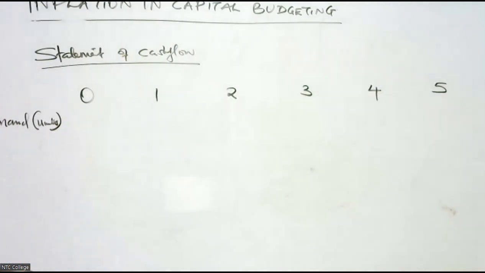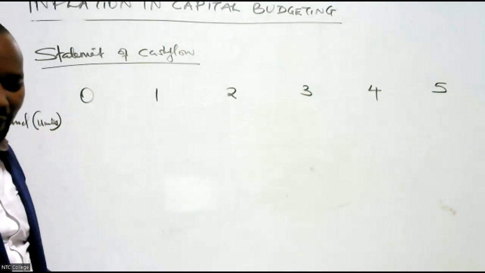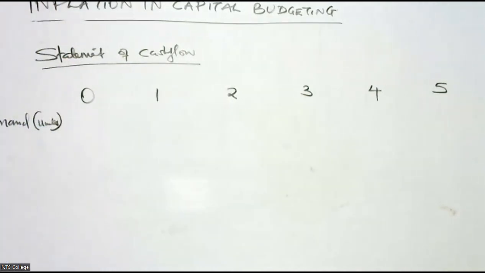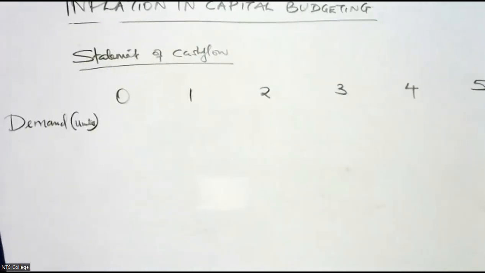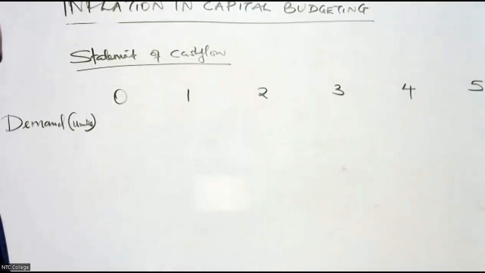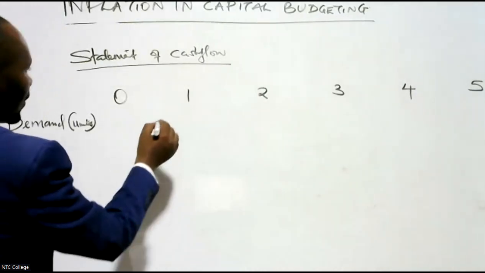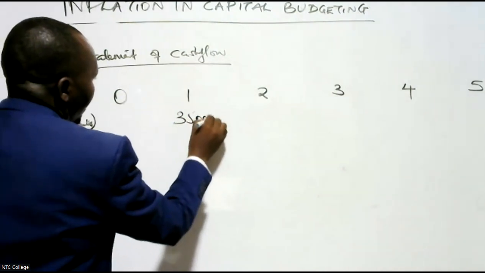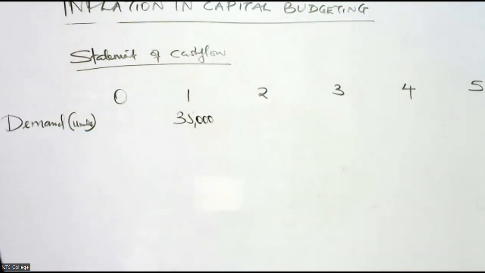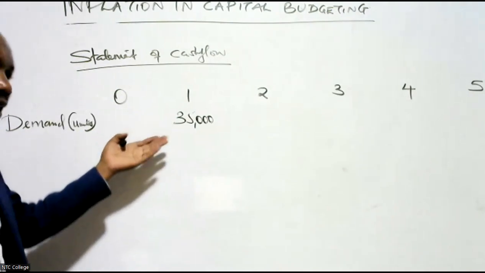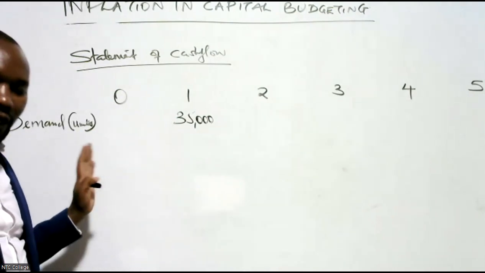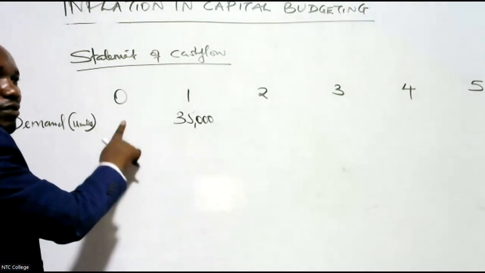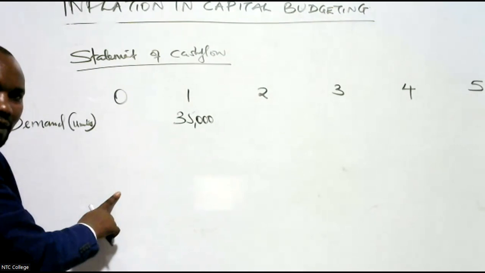So the first year, what was the demand? You are given there. Demand is 35,000, right? That is the sales in year 1. Not at the beginning of the year, but at the end of the year. Year 0 is at the beginning of the year, when we are starting.